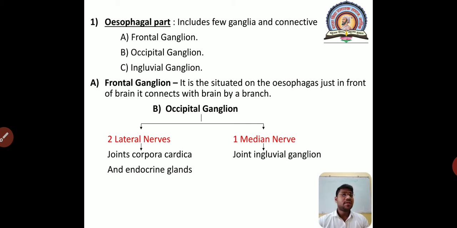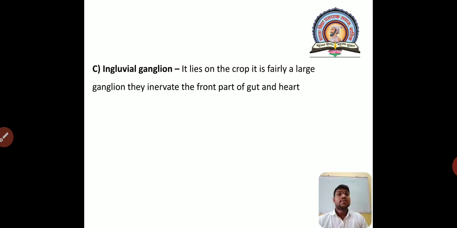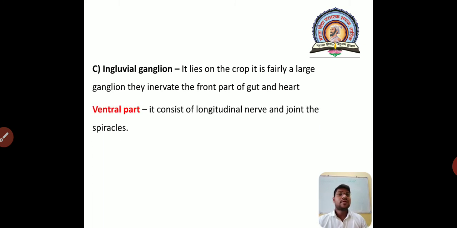The one median nerve joins the ingluvial ganglion. The ingluvial ganglion lies on the crop. It is a fairly large ganglion that innervates the front part of the gut and the heart.